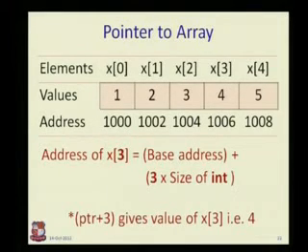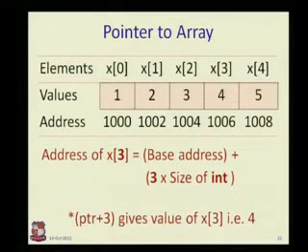So 1000 plus 3 into the size of the integer, or the size of the data type I have defined. This is my integer array. So the size of integer is 2, 3 into 2 is 6, plus the base address 1000. So it will be 1006. The address of x3 would be 1006.